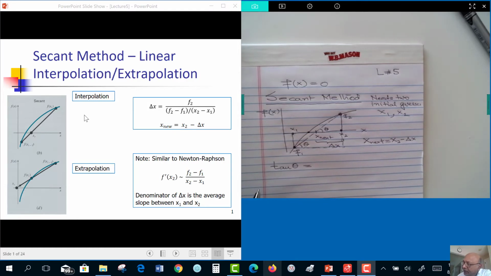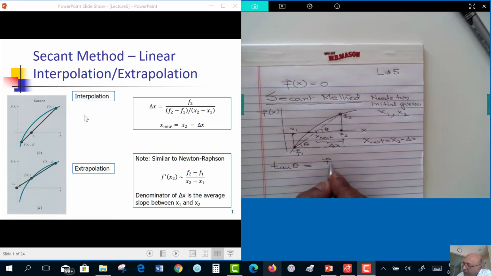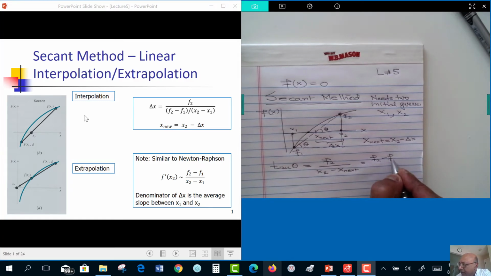So our tangent of theta would be, if we look at this small triangle, f2 divided by x2 minus x next. If we look at this big triangle, it'll be f2 minus f1, that'll be the height of this triangle, over x2 minus x1. And you can see this quantity is delta x.